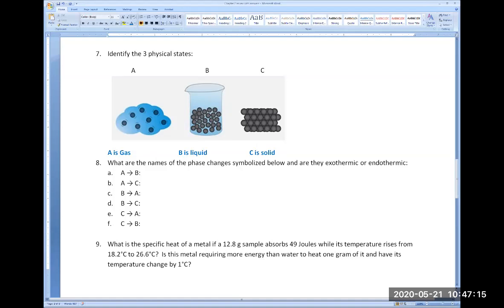And so molecules can still roll around and slide past one another. And so there is no order. It's random. And then in the solid, there is a definite order in which the molecules are packed together, very organized, showing a pattern or a lattice, right? So that's how you recognize the physical states.